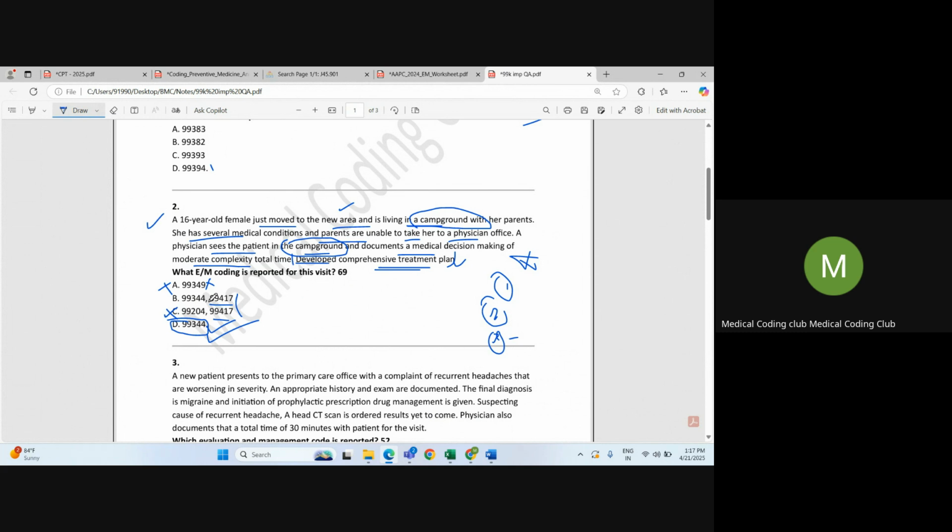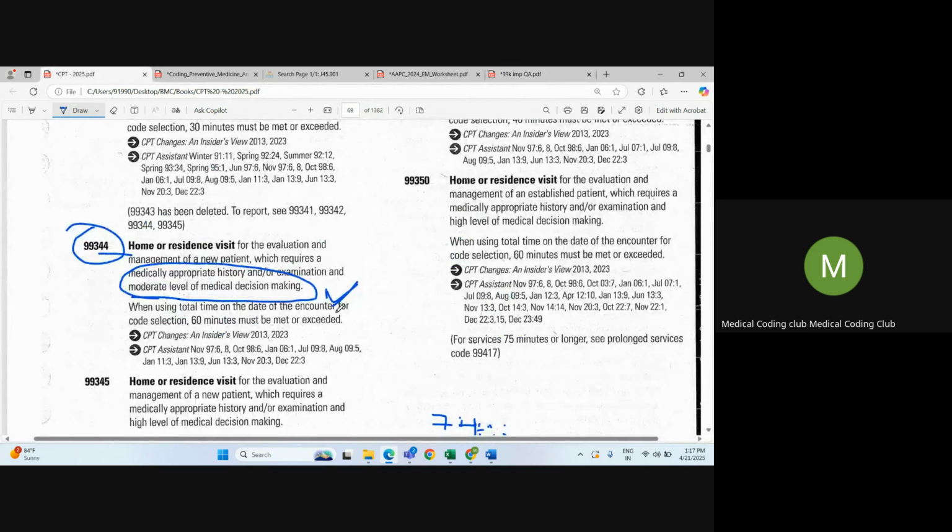If you want to report 99417 for home and residence, you can check the higher level, 99345, which gives a higher level of medical decision making. 99417 will come only when you are using the time coding guideline.